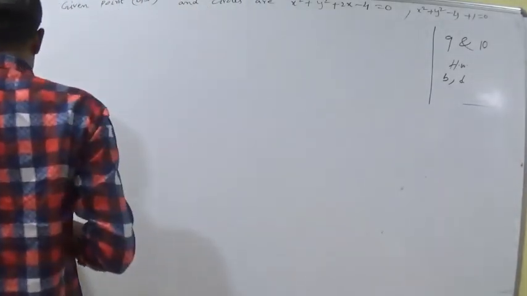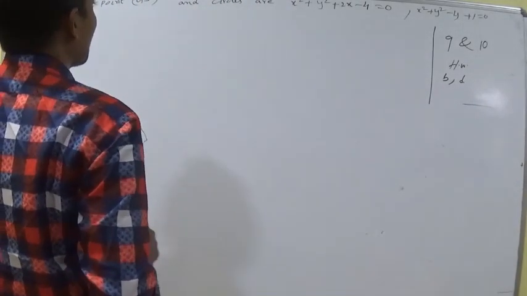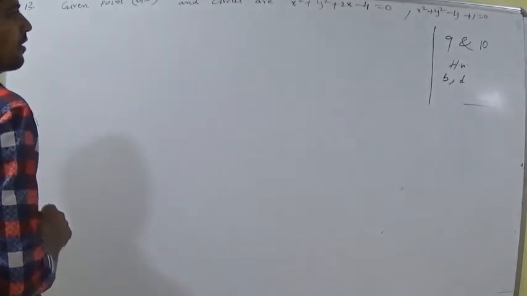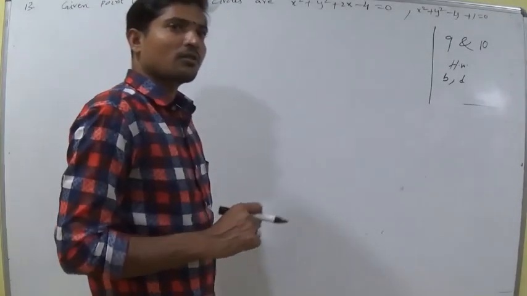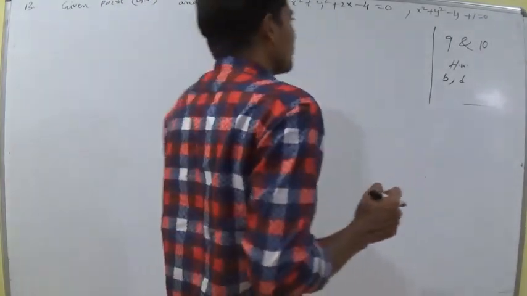Now find the length of the tangent for circle 1 and find the length of the tangent for circle 2.